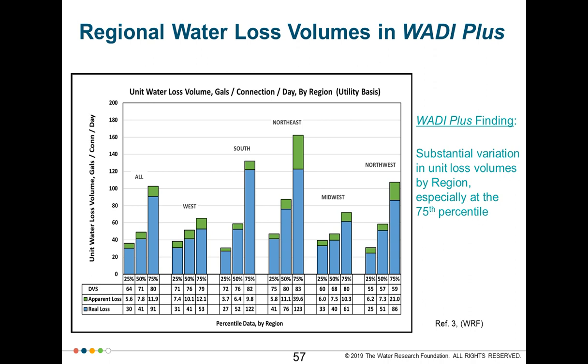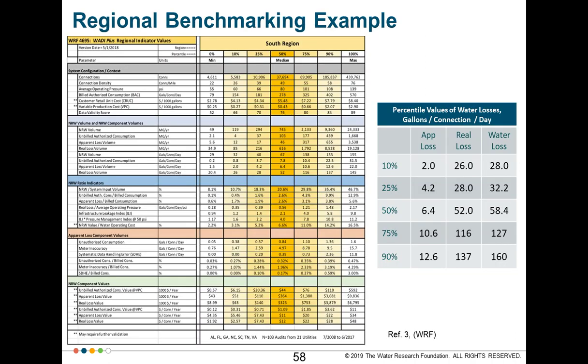And the percentiles, the 25th, 50th, that's the median, and the 75th. And you can see the old systems in the Northeast with older infrastructure tend to be higher. And anyway, this is just one little piece of what's in the WADI Plus database.